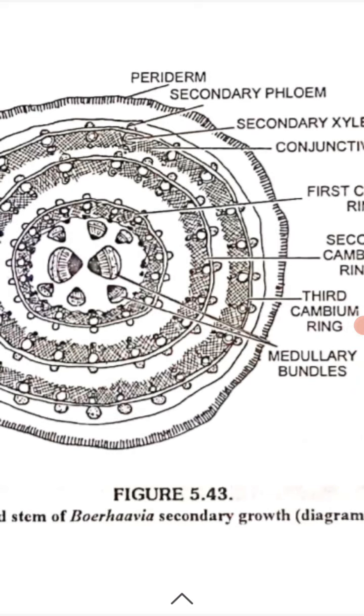This secondary growth is confined within the bundles, means limited only within the bundles. The secondary growth is more pronounced in two large vascular bundles in the center of stem.